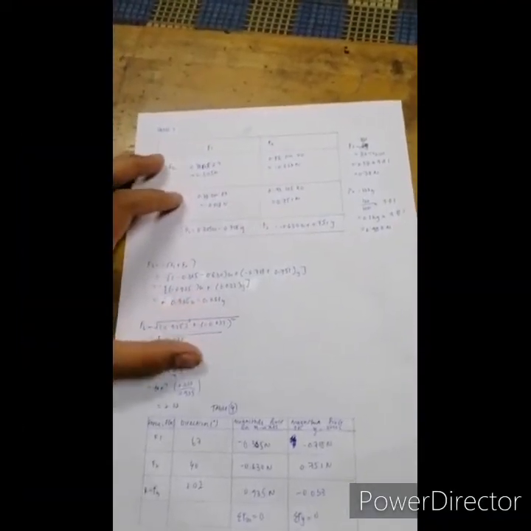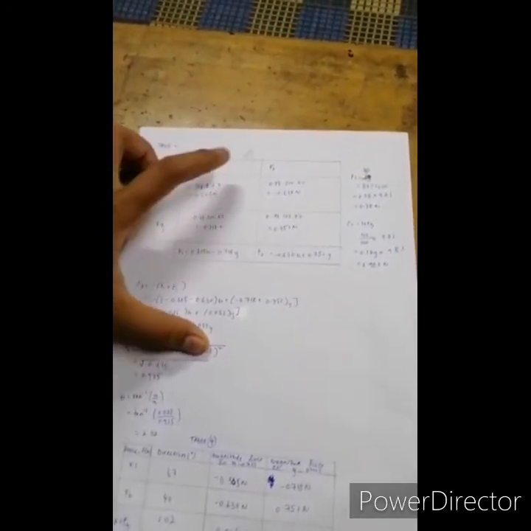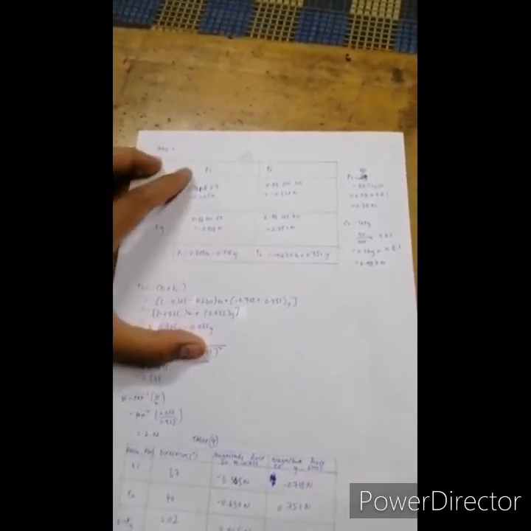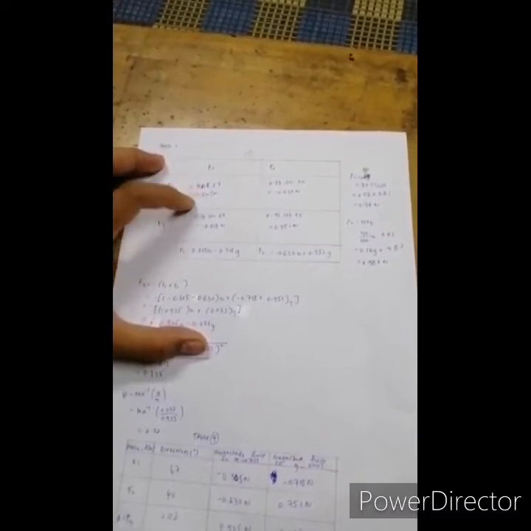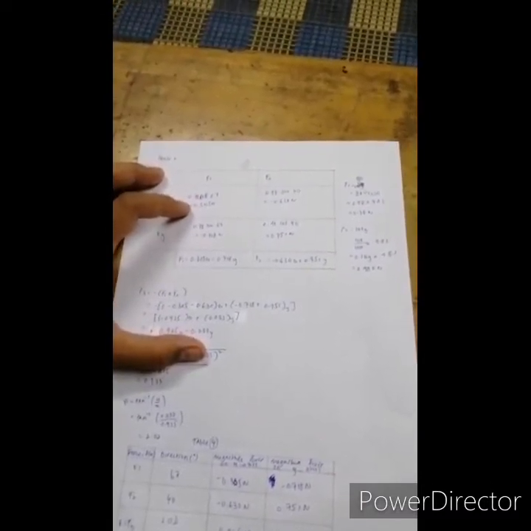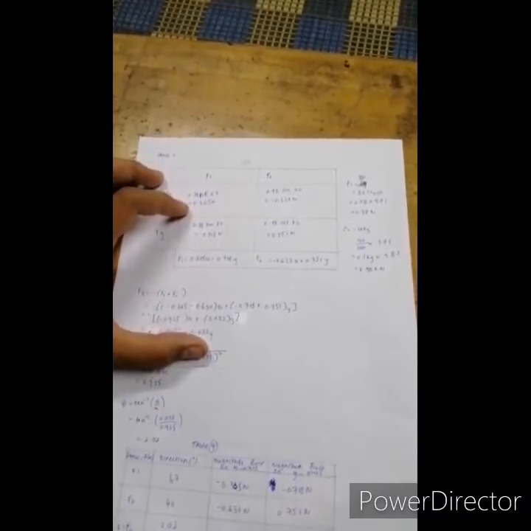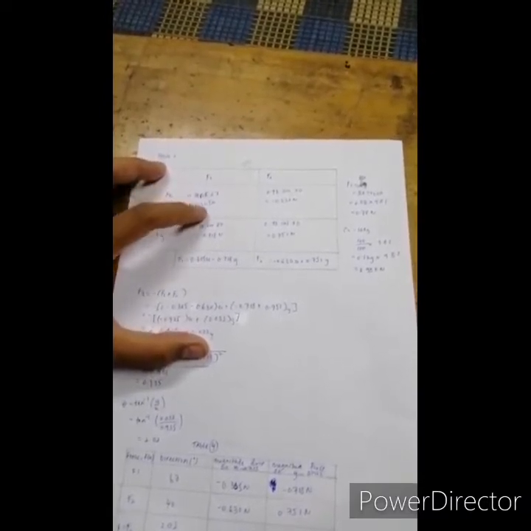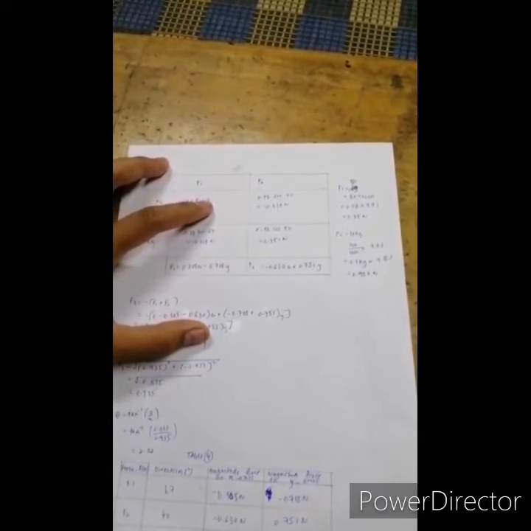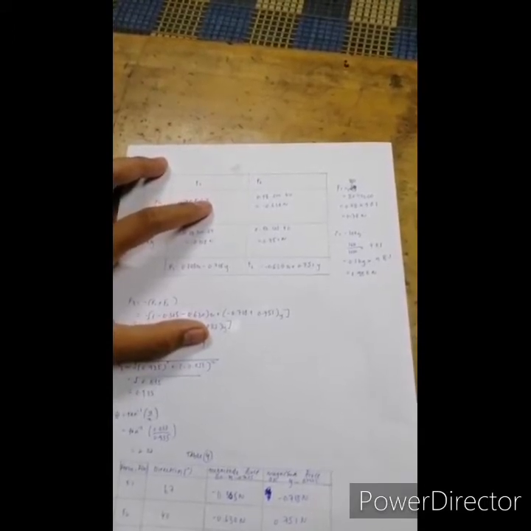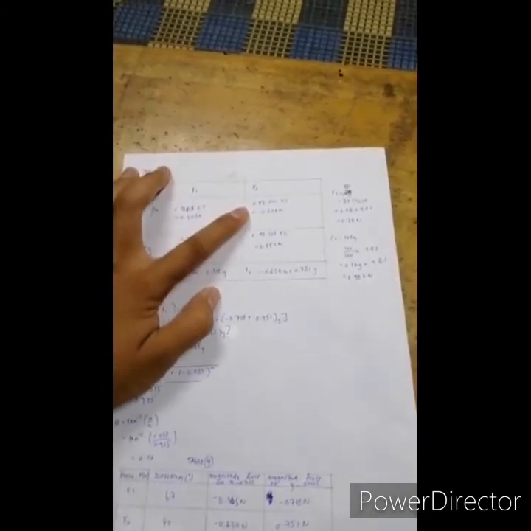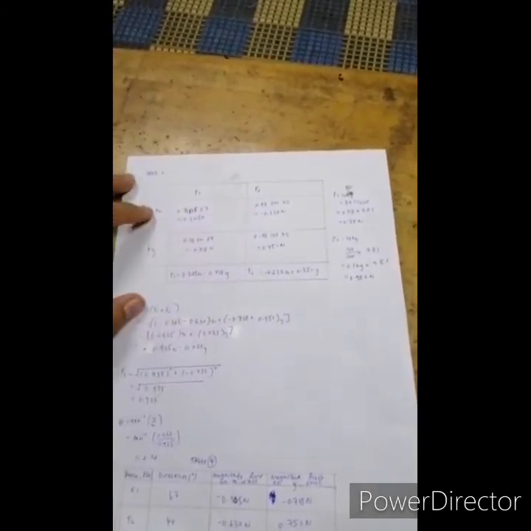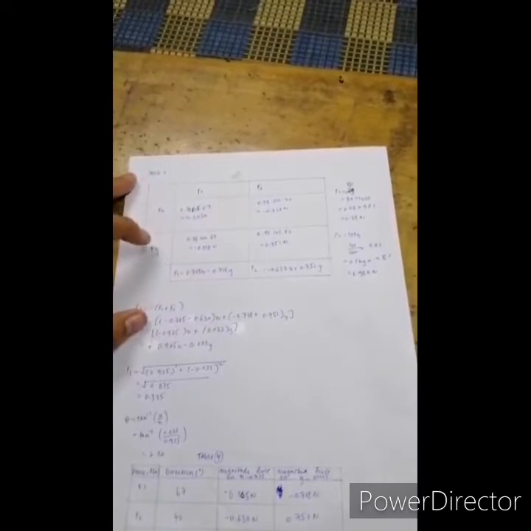This is table 4. F1 fx, F2 fy. F1x is 0.78 cos 1667, and the answer is negative 0.305 Newton. F2x is 0.98 sin 14, which is negative 0.630 Newton.